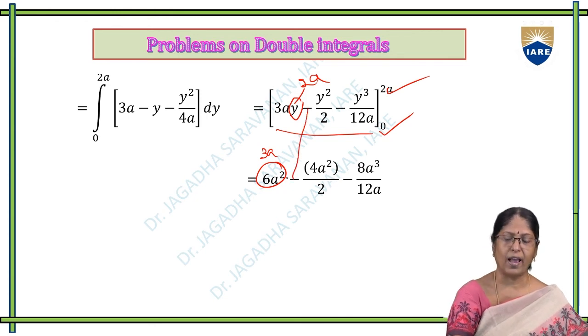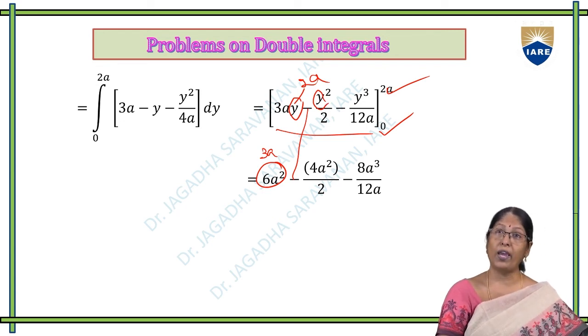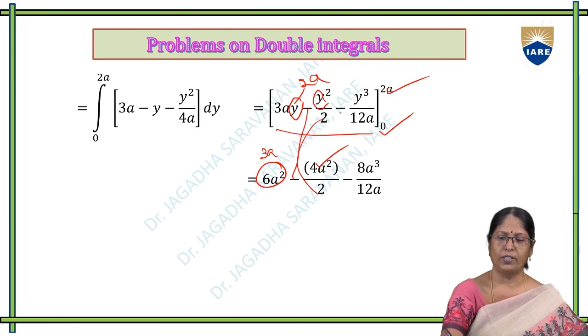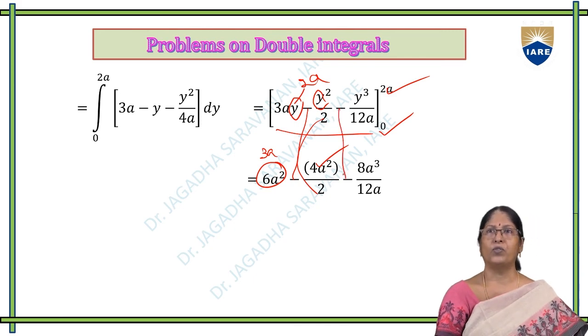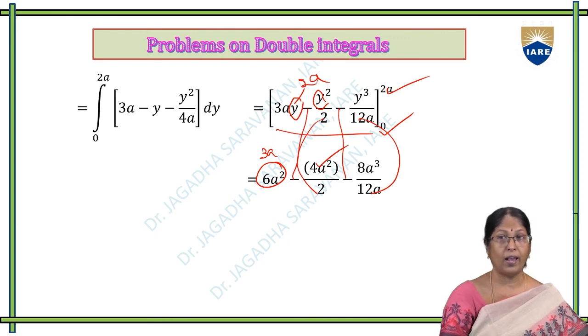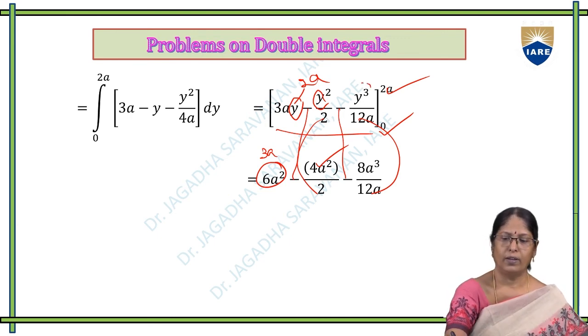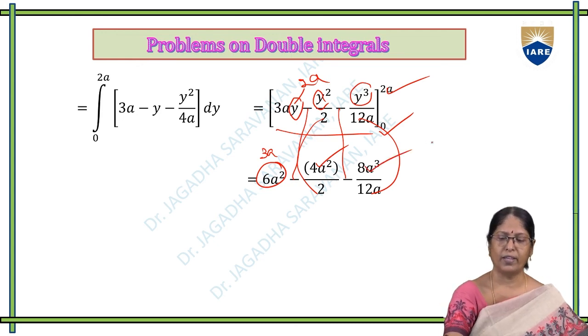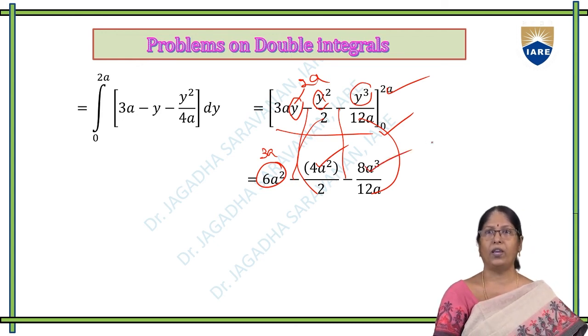The minus is as it is. Here y is taking the value 2a, so 2a the whole square is nothing but 4a square. This 2 is written as it is. This minus is just written. The 12a is as 12a. Y cube, 2a the whole cube, is nothing but 8a cube.